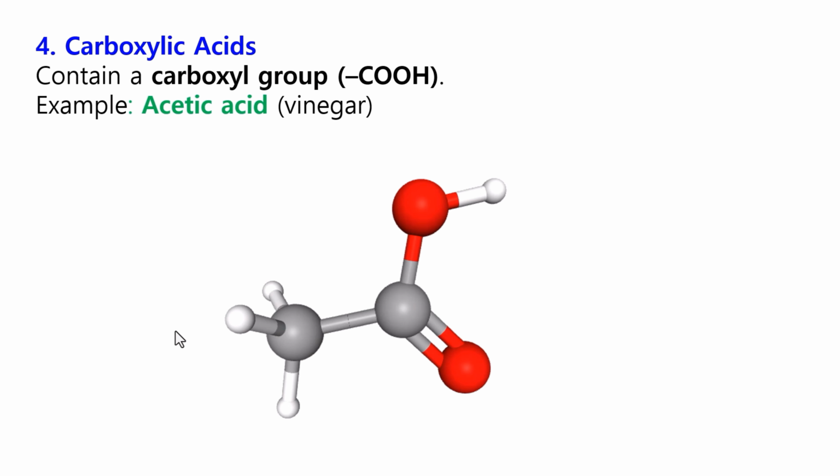Fourth one is carboxylic acids. They contain a carboxyl group. Carboxyl group means the COOH group. You can see this is the carboxyl group. This is CH3COOH. This is the carboxylic acid. This is acetic acid, the general name.